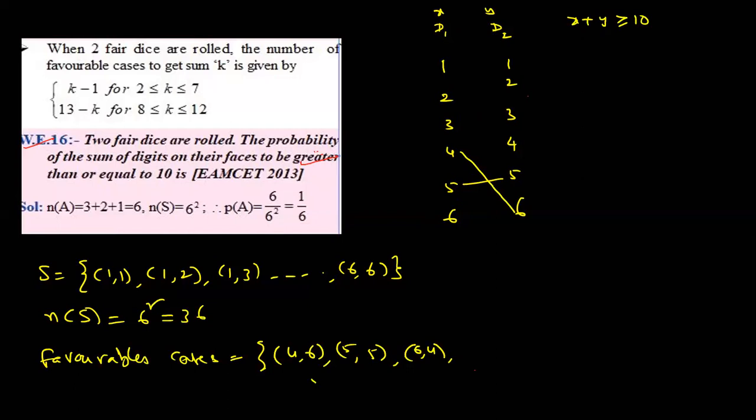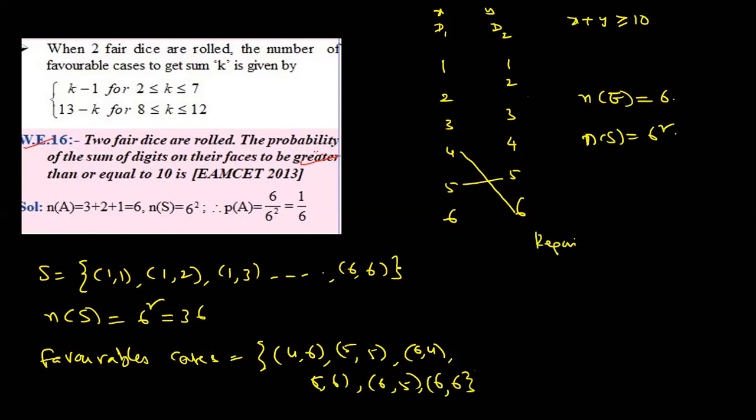Next, 5, 6. Next, 6, 5. Next, 6, comma 6. So, number of favorable cases, anyone tell me? 6. N of S is 6 square. Therefore, required probability is equal to 6 by 6 square, 1 by 6.